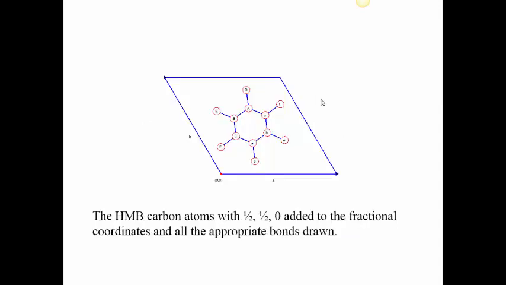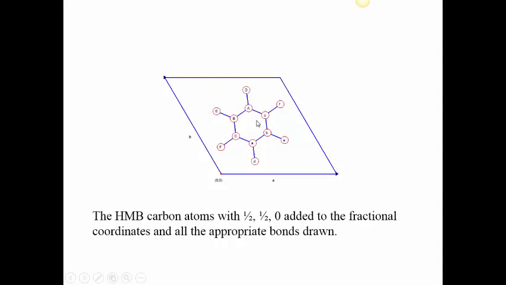And now we're going to look at the drawing of the hexamethylbenzene. How we've gotten this is we had the hexamethylbenzene as it came from the literature, so it was centered around 0, 0. We added a half, so we translated the whole hexamethylbenzene into the center of the cell.